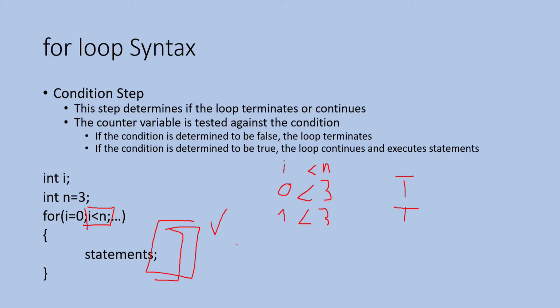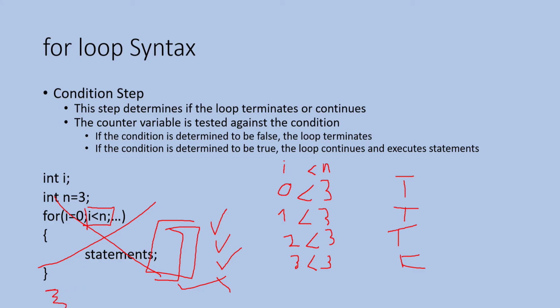So it's going to run the statements again. Then it's going to be 2, and that's going to be 3. This is going to be true, so it's going to run again. And now when it gets to 3, 3 is not less than 3. So this is going to be false, and it exits the for loop completely. And now you just continue with your code down over here.